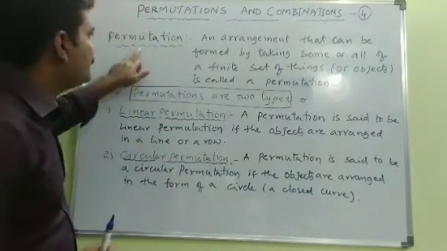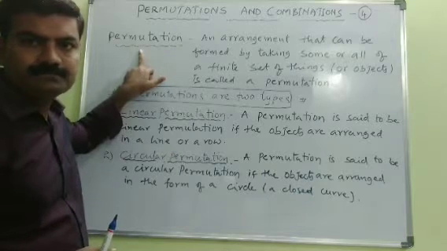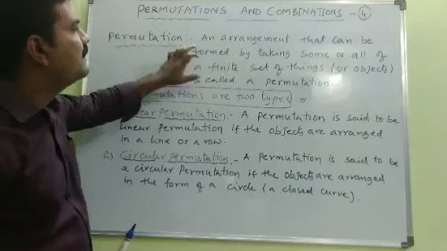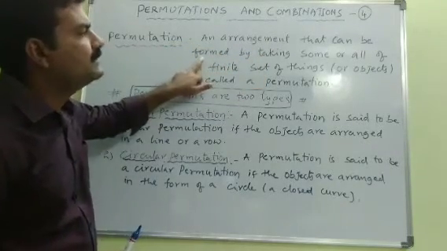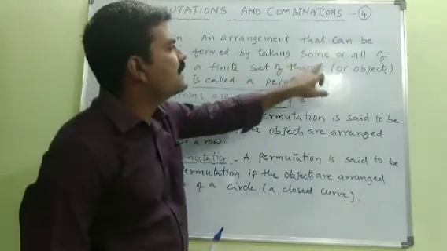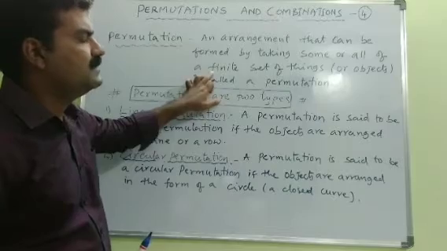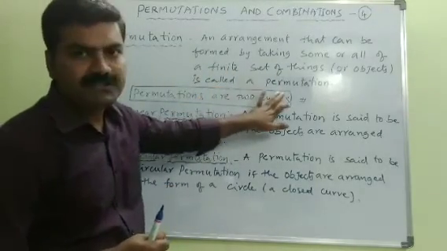First of all, let us see the definition of a permutation. An arrangement that can be formed by taking some or all of a finite set of things or objects is called a permutation.